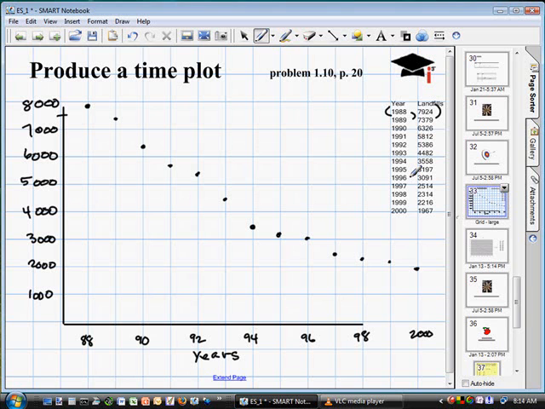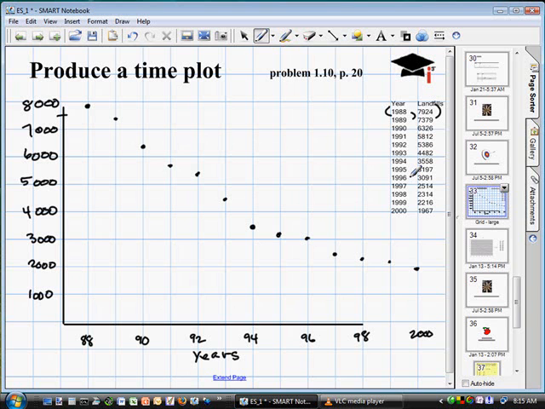Because if this really went in a straight line, that would mean by now, 2005, 2006, 2007, we would have 0. And we know that's not going to happen. How can we possibly have 0 landfills? Maybe someday when we have all recyclable things, but that's not going to happen for maybe ever, right? So this is probably going to do more like this, where they maybe slightly decrease, but they're kind of leveling off.